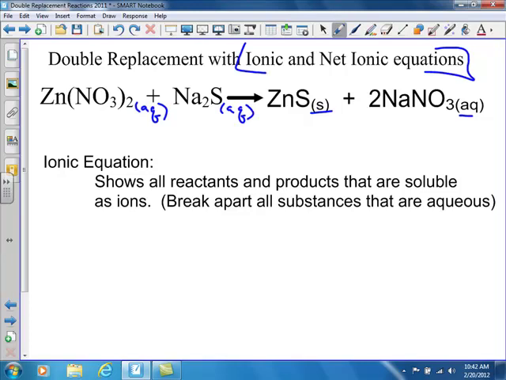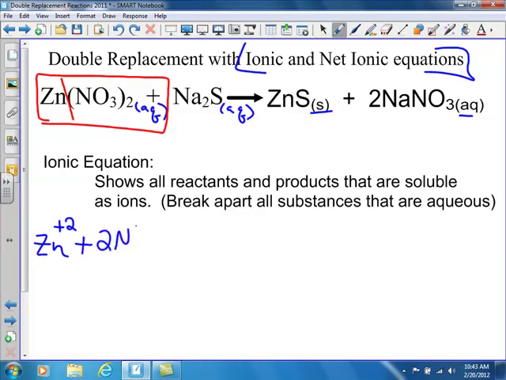So, going back up to our equation, this ZnNO3 is aqueous. So we're going to break it apart into its ions to write the ionic equation. So it would be Zn, and when I write an ionic equation, I have to put in the charge. Zn 2 plus, 2NO3 minus.